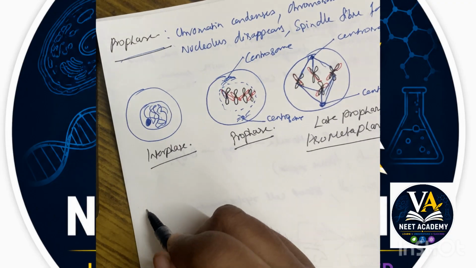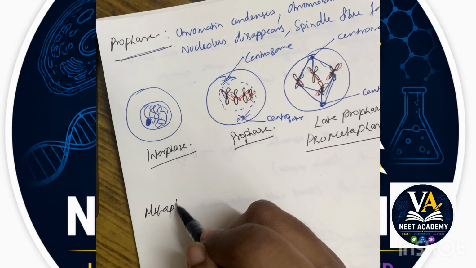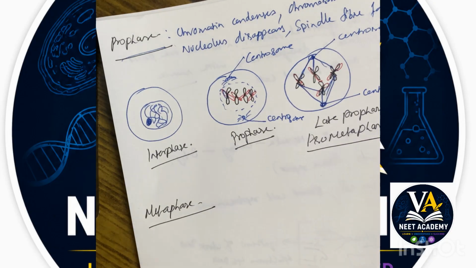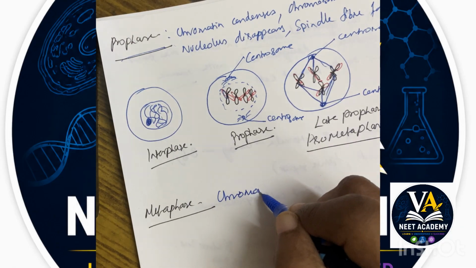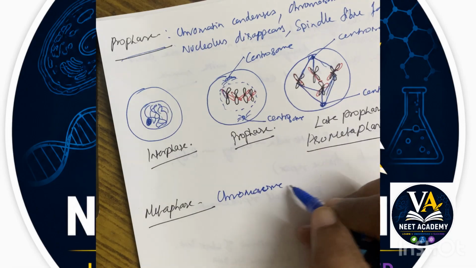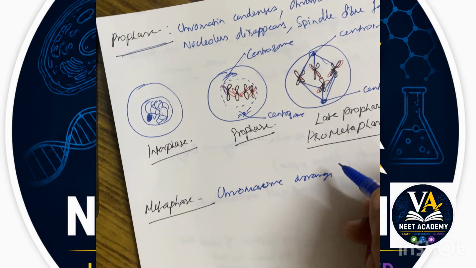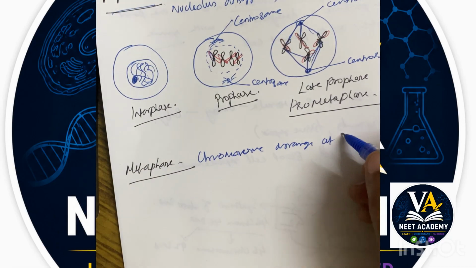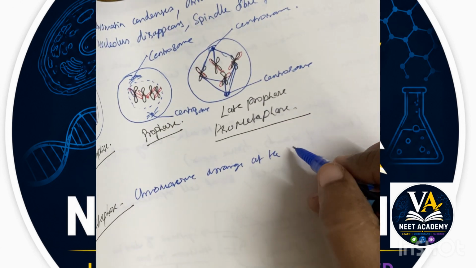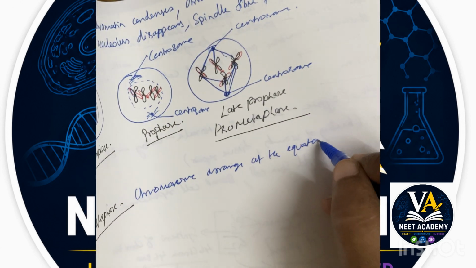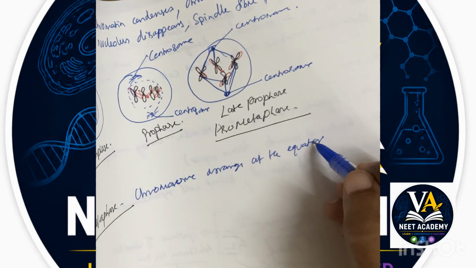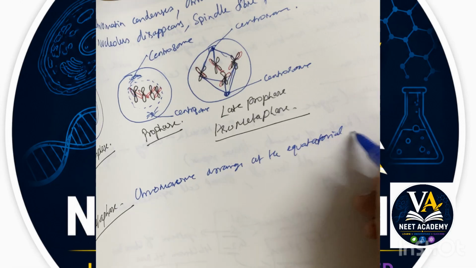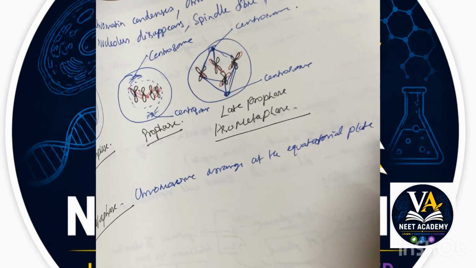Now next we will see what happens in metaphase. After prophase, the phase is metaphase. So what happens in metaphase? Chromosomes arrange at the equator, or else you can say the equatorial plate of the cell.